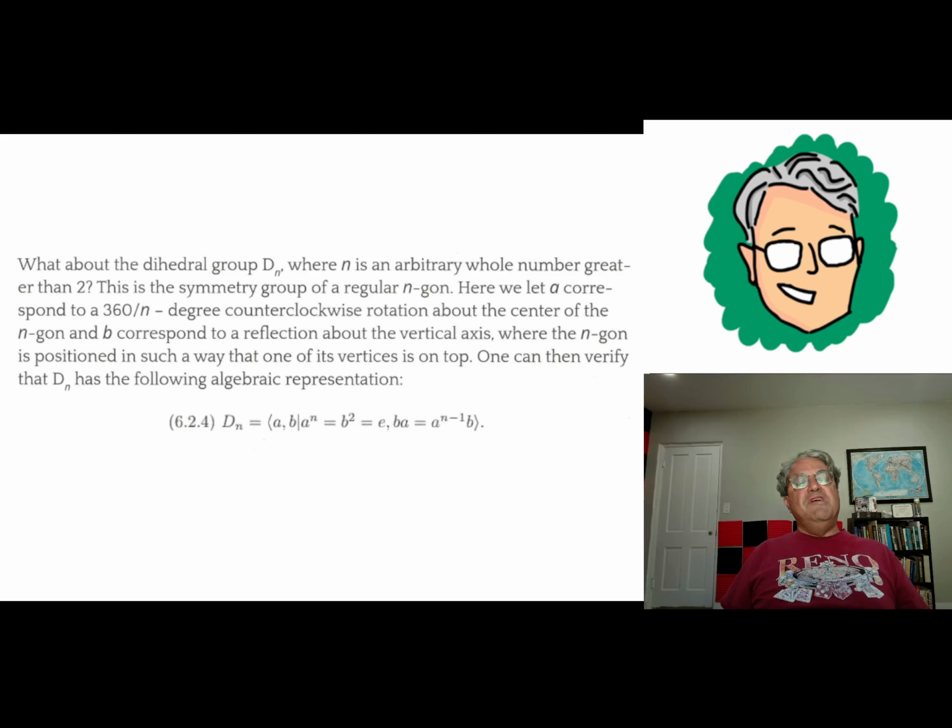And then what about BA? Well, remember for the case D3 it was equal to A squared B. In general it is equal to A to the n minus 1 times B. I don't know if there's a really easy way to see that. Just remember that B is a reflection.